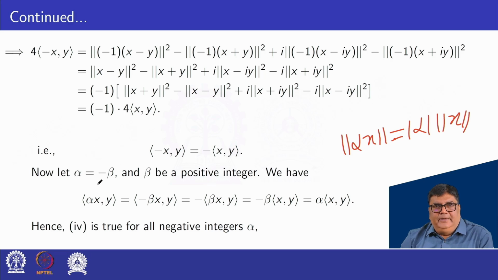Minus beta is alpha, so that is alpha into inner product of x, y. So here we proved inner product of alpha x, y equals alpha into inner product of x, y. Hence, condition 4 is true for all negative integer alpha.